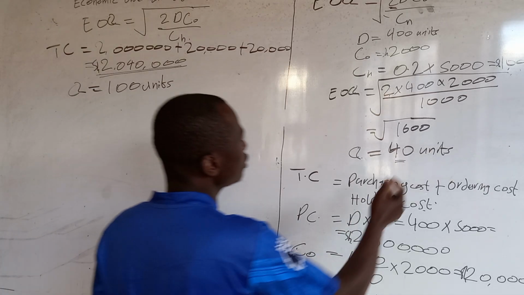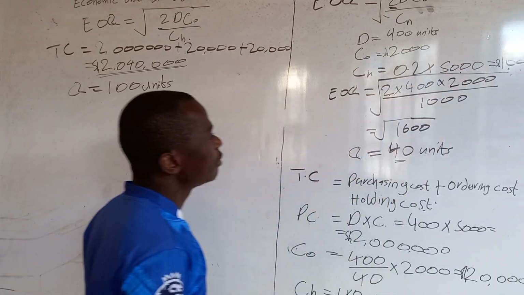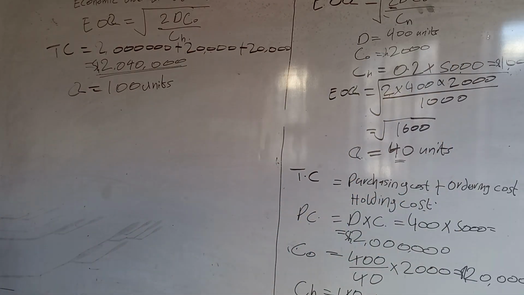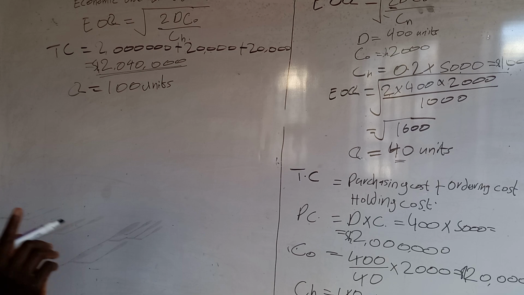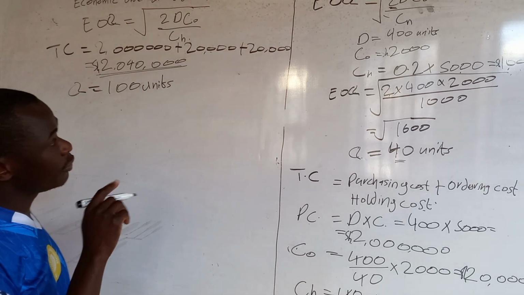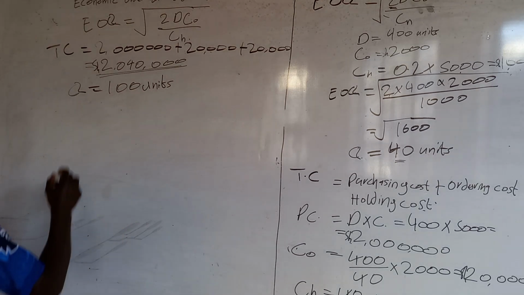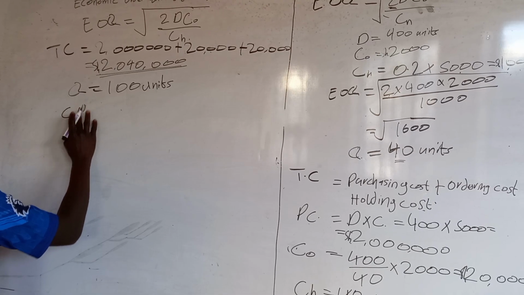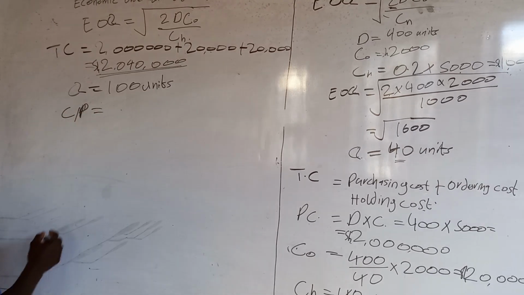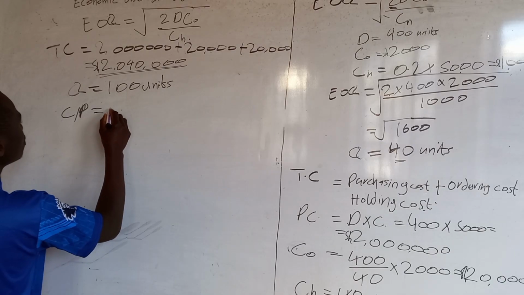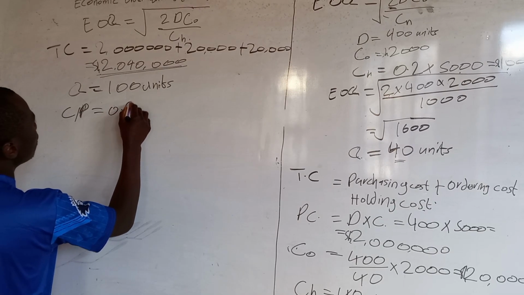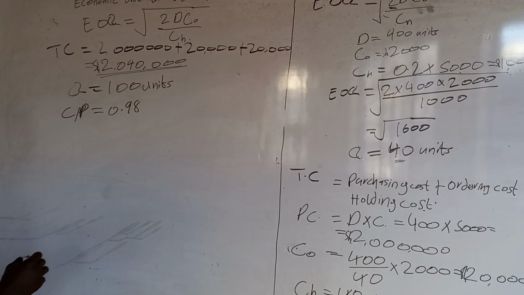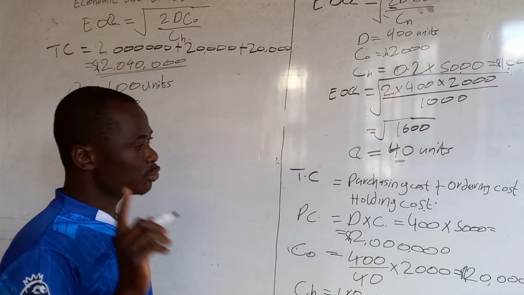Now at this point we are going to look for the new cost per item. Here we are using 5,000, but we have been given a discount on this. So the cost per product, cost per item, will be 0.98. It is 0.98 because we had been given a discount of 2%.